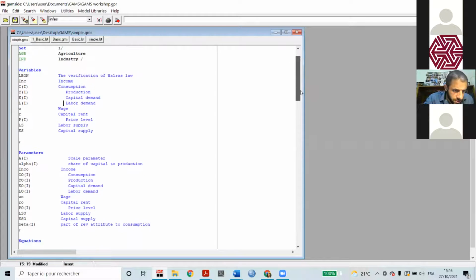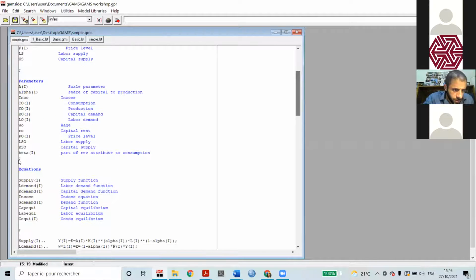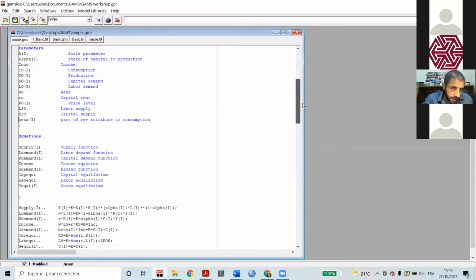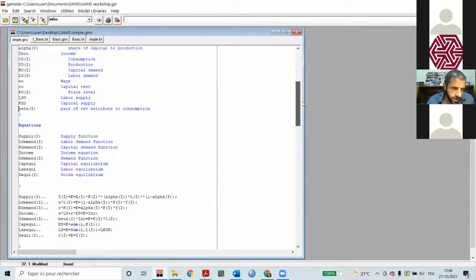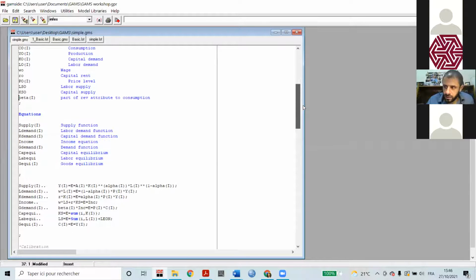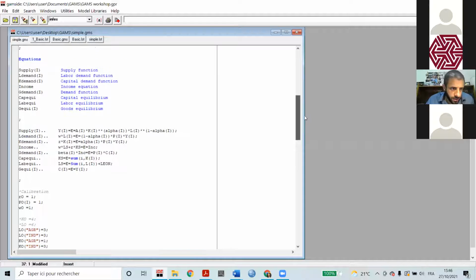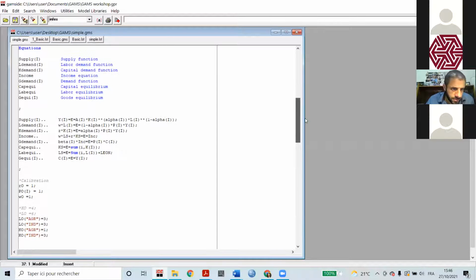Parameters, scroll down. So as you can see here, beta is calibrated, is indexed over I. Then the equations, that's fine. As you can see, we add the Leon variable to one of the equilibrium equations, exactly.